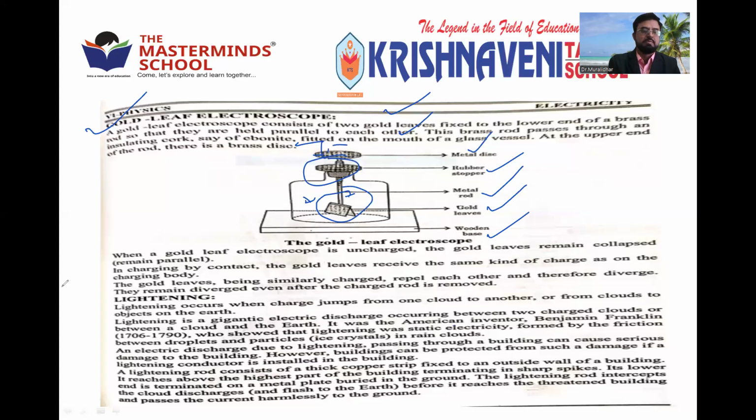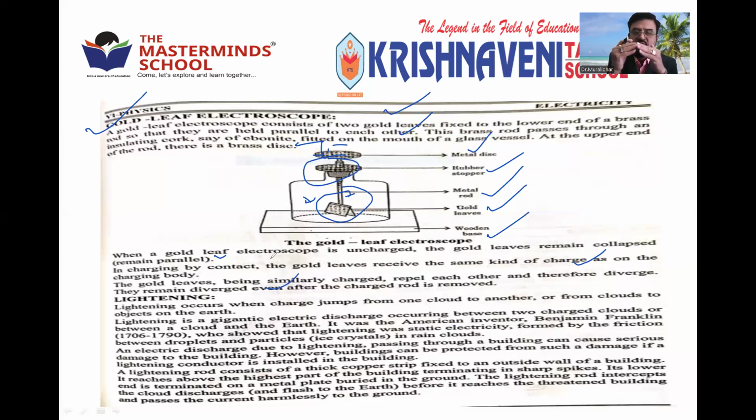When the gold leaf electroscope is uncharged, the gold leaves remain collapsed, parallel. In charging by contact, the gold leaves receive the same kind of charge as the charging body. The gold leaves, being similarly charged, repel each other and therefore diverge. They remain diverged even after the charged rod is removed.